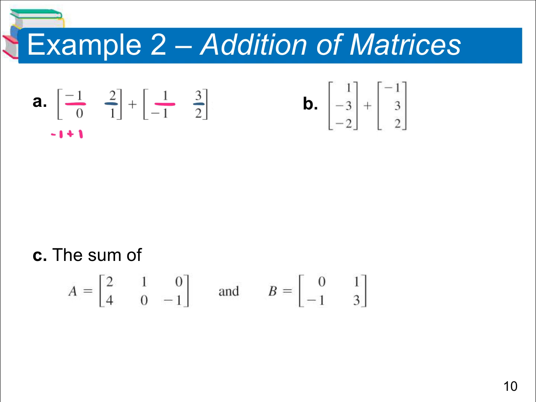So that's going to be 2 plus 3. Then your next is 0 and -1, and 1 and 2. We're going to combine this. So -1 plus 1 is 0. 2 plus 3 is 5. 0 plus -1 is -1. And 1 plus 2 is 3.